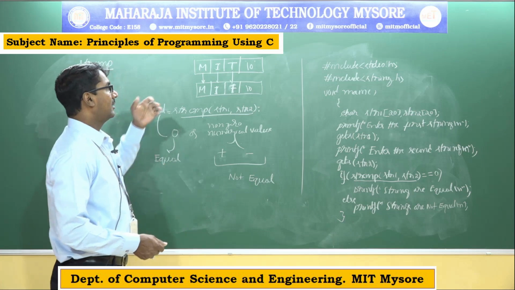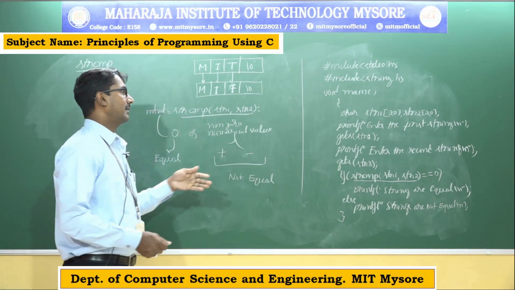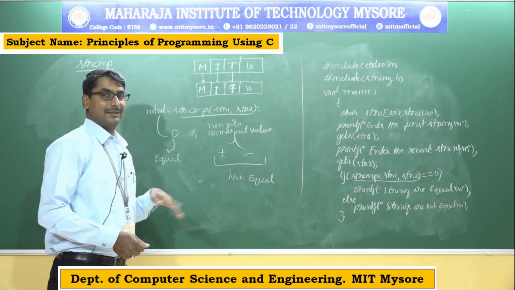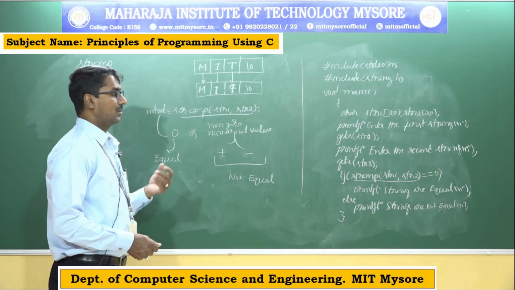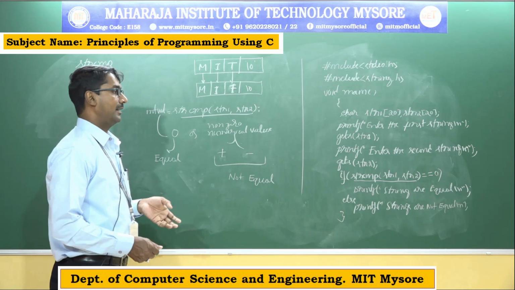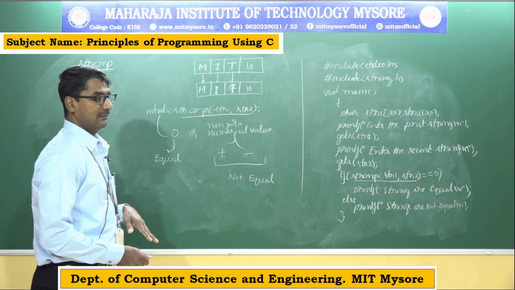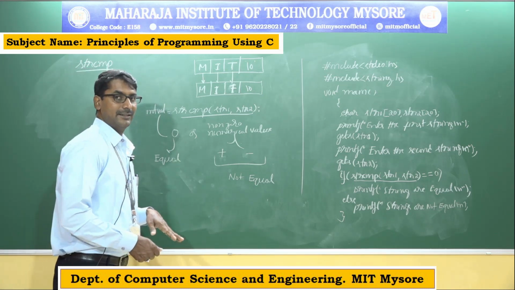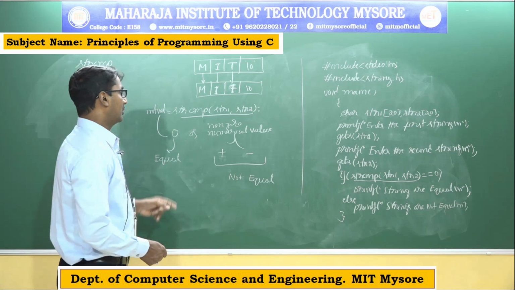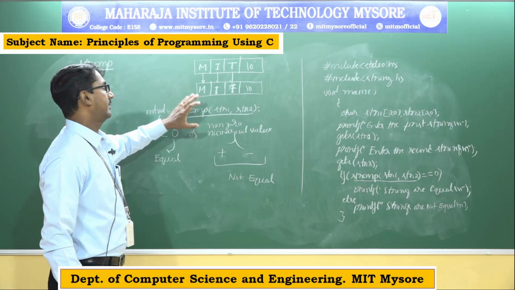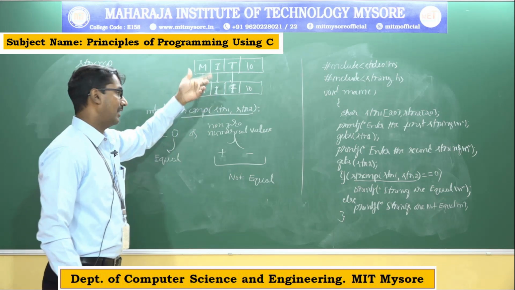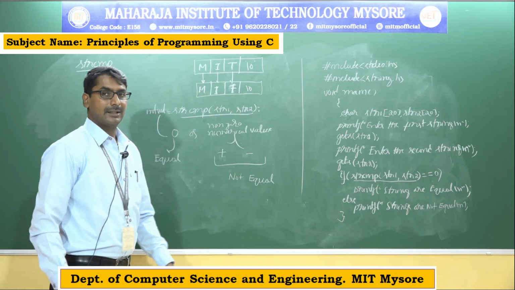If the length of the first string is greater than the second string, then obviously the strings are not equal. So when you use the built-in function strcmp, it automatically identifies the length and compares the characters.